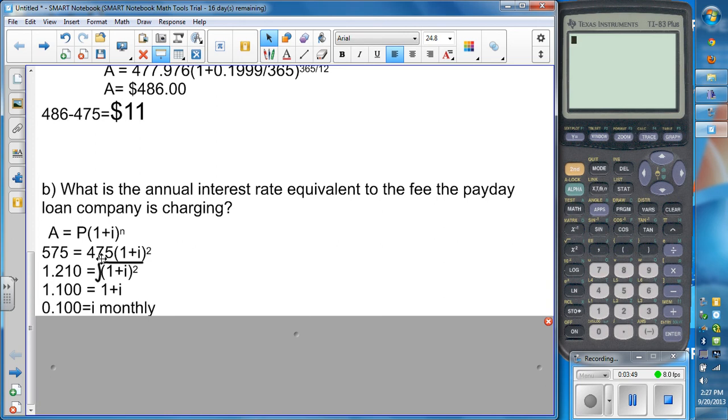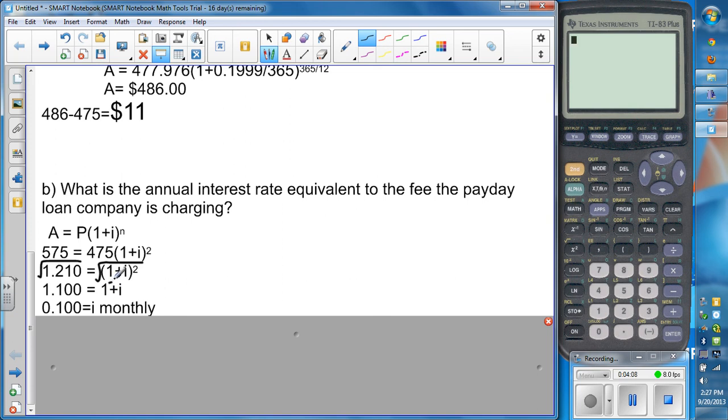So once we divide both sides by 475, we get 1.210 with a whole bunch of decimals is equal to 1 plus i squared. Take the square root of both sides. You get that 1.100 is equal to 1 plus i.